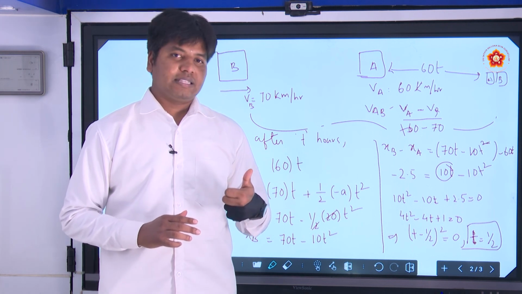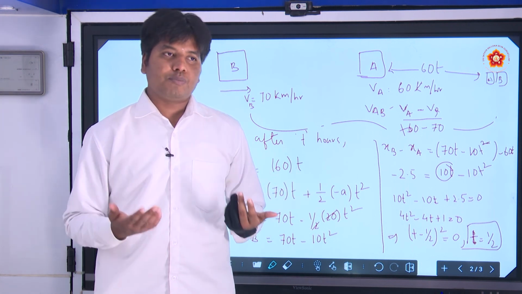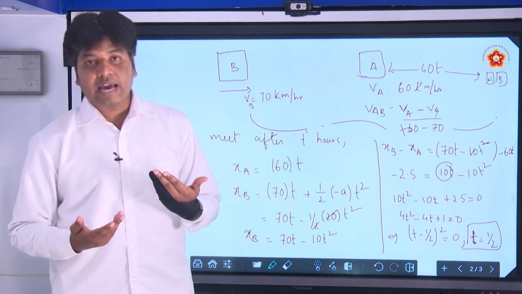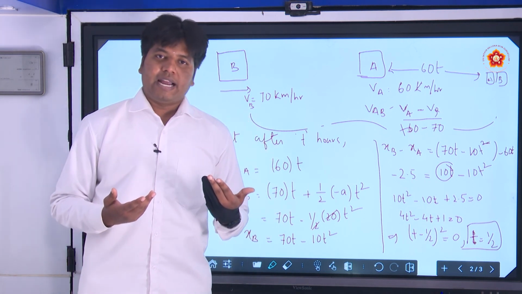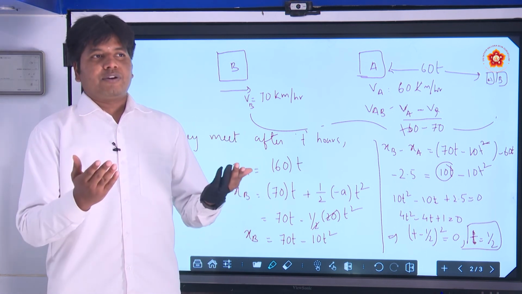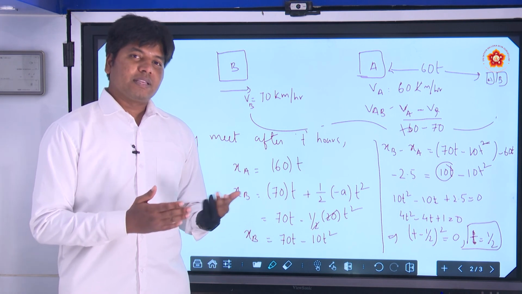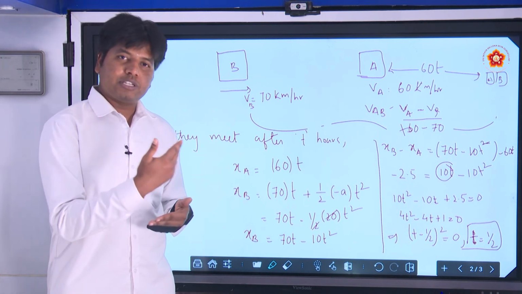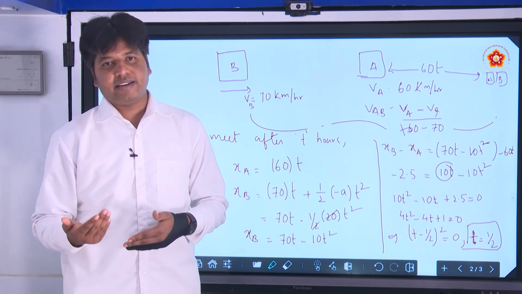First we started with displacement, what motion is, how rest and motion are related to each other, and then we calculated speed, and then we studied velocity. Then slowly we went to calculus, where we introduced the concepts of differentiation and integration.